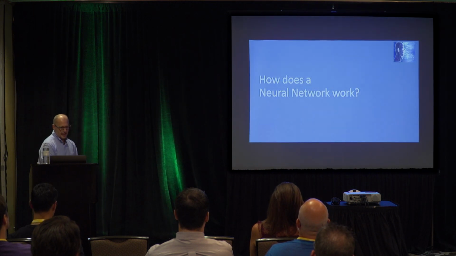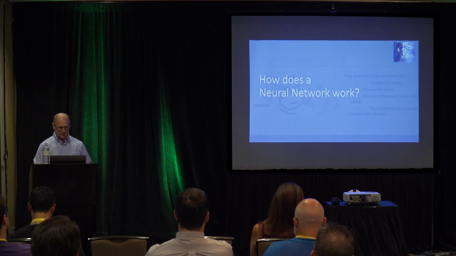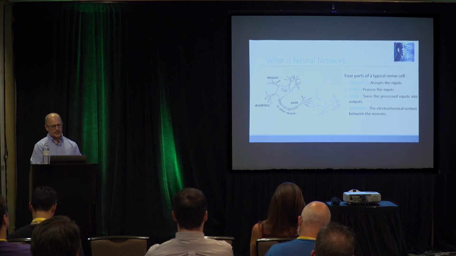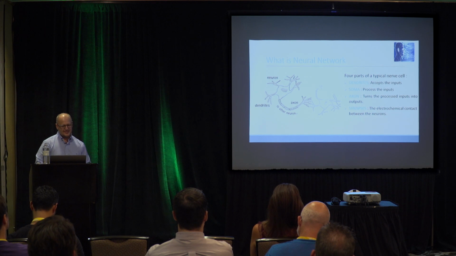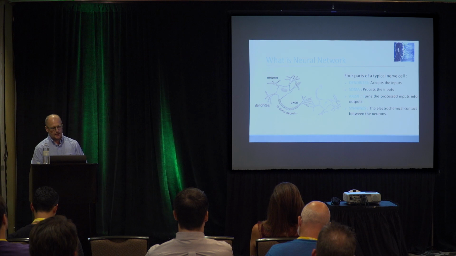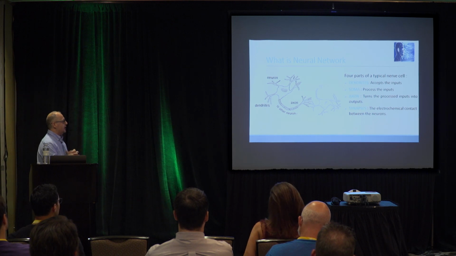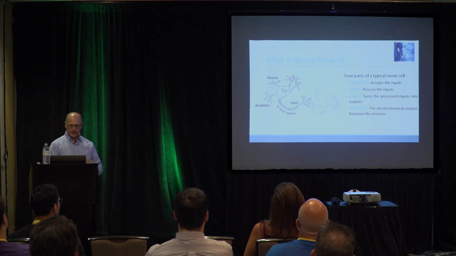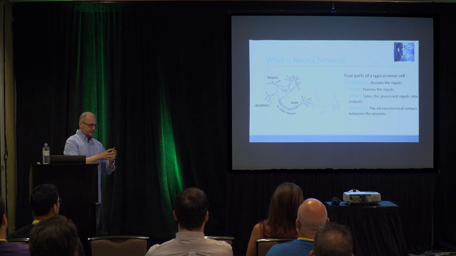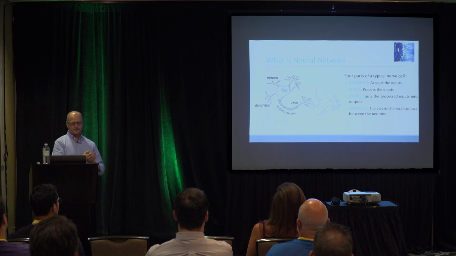All right, so how does a neural network work, right? And this is probably the last boring slide, but from the biological brain, we know that a neural network is an interconnected system of neurons, where they transmit signals, electrical patterns.